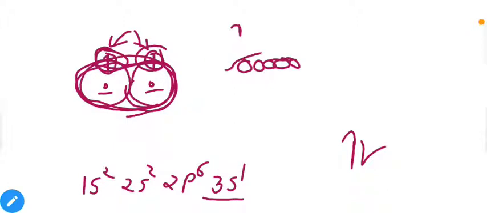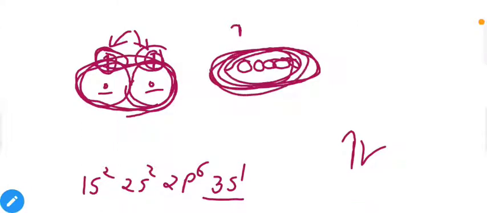Combinedly, all of these five electrons will revolve around these five nuclei, and because of this, these five atoms are held together, which is known as a metallic bond. So the higher the number of these valence electrons, the stronger the bond and the stronger the metal. But because of only one electron in the outermost s orbital of all the alkali metals, they are weakly attracted towards each other, and that's why we have soft metals.